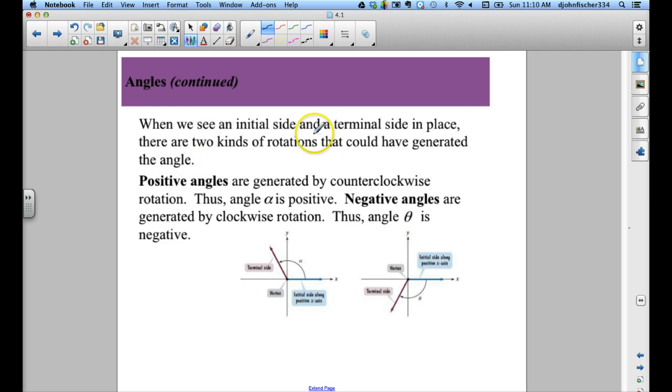When we see an initial side and a terminal side in place, there are two kinds of rotations that could have generated the angle. Positive angles are generated by a counterclockwise motion. So if it goes this way, counterclockwise, that's a positive angle. Thus the angle alpha is positive. Negative angles are generated by a clockwise rotation, and thus the angle omega is negative.